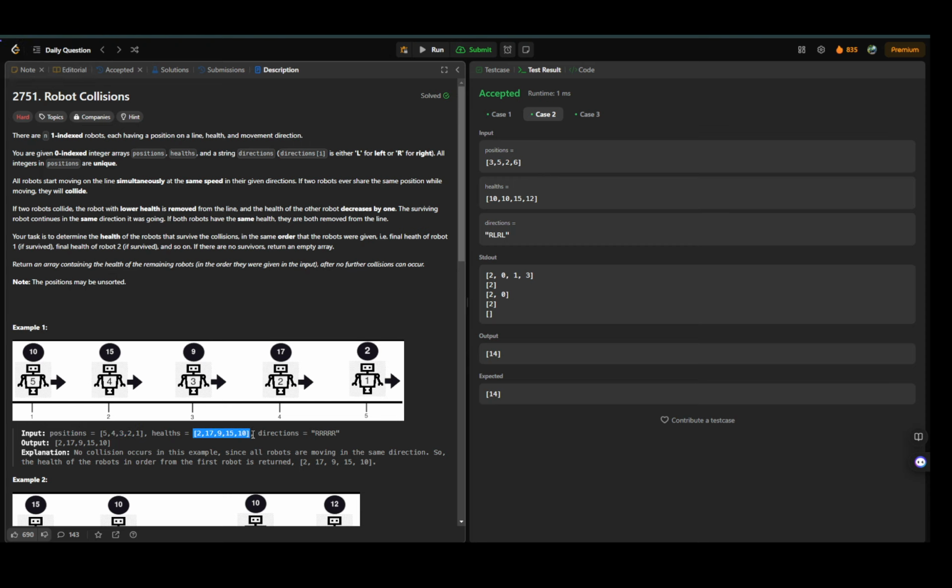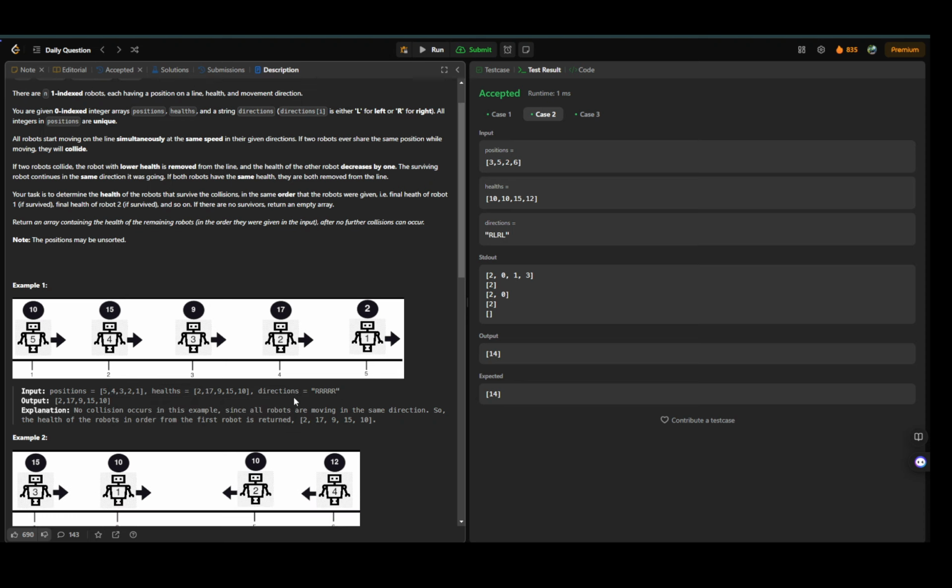And with respect to the weight, nothing but health, the first robot is placed at the fifth index and his health was 2. The second robot is placed at the fourth index, one-based, as we can see, with health 70. That's what the question says, and none of the YouTubers has explained it there.